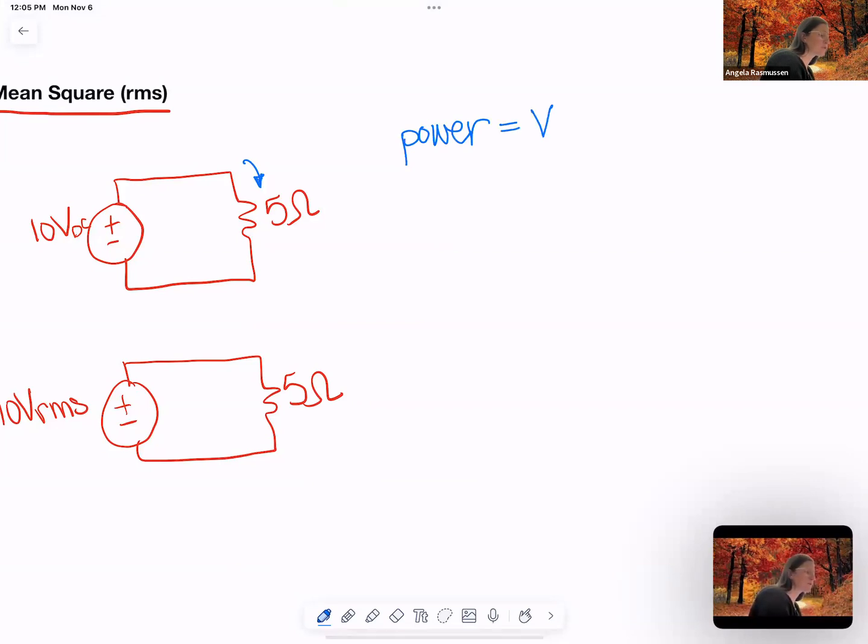It is going to be the voltage across it times the current, I. So in this case, what is that? Okay, how did you get 20? It is 20. So this gives you 20 watts.